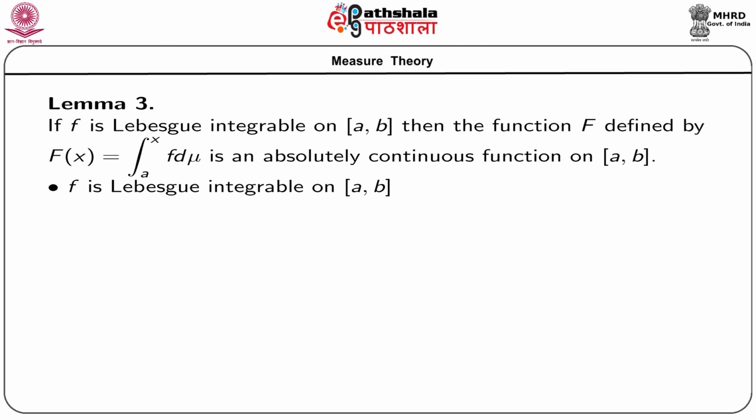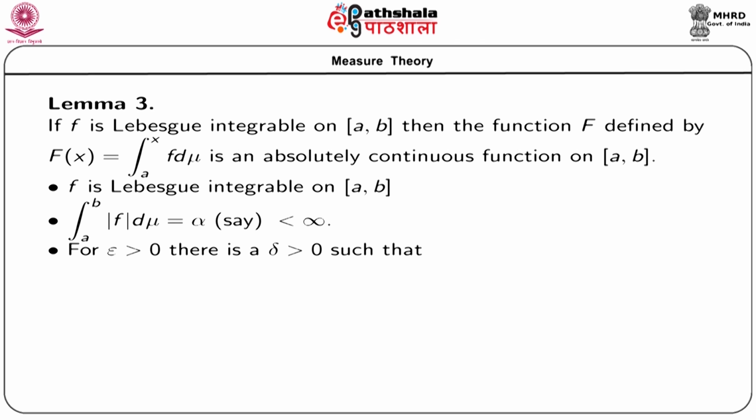So, by our assumption f is Lebesgue integrable on closed interval [a, b], and this means that the integral from a to b of |f| dμ is equal to say a number alpha which is finite. Recall that we had said that f is Lebesgue integrable if and only if |f| is also so.